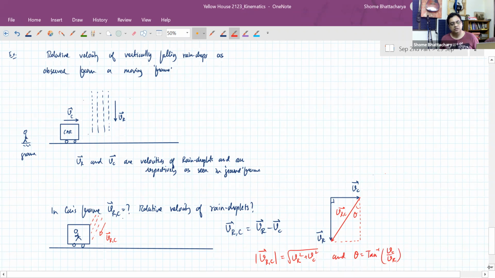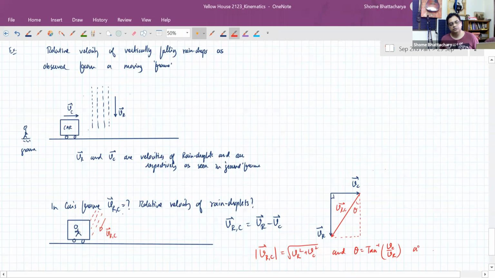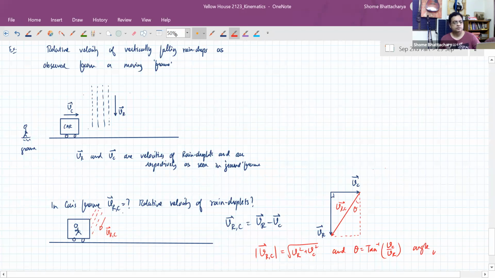So theta is the angle with respect to the vertical, the slant angle. From the formula, you can see that the faster the car is moving, the more slanted the rain appears to be, more and more steeply the faster the vehicle is moving.